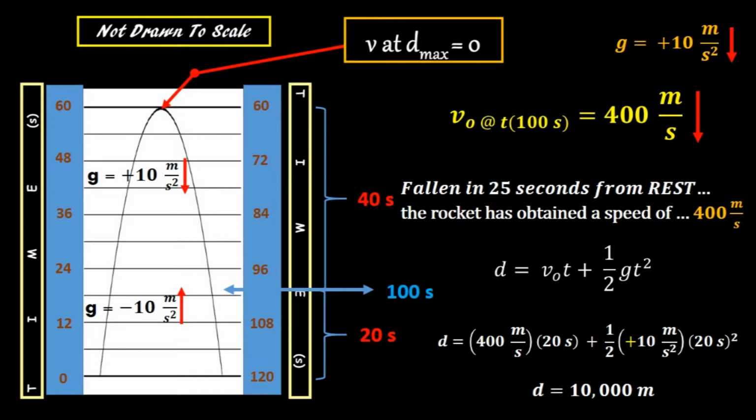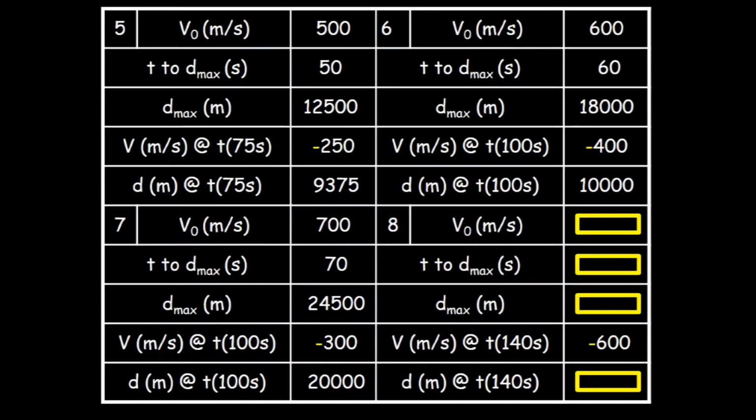It's going to fall for an additional 20 seconds, and then plus 1/2 positive 10 times 20 squared, and that's going to be, D is going to be 10,000 meters, and that will be the distance it falls from t equals 100 seconds.